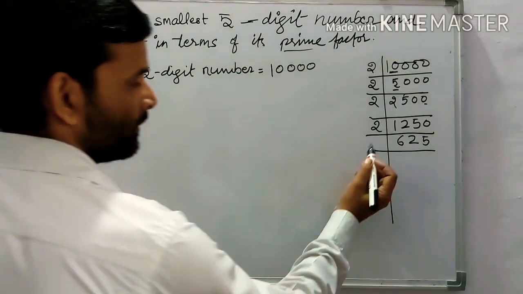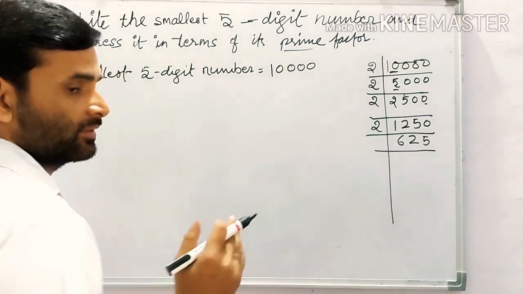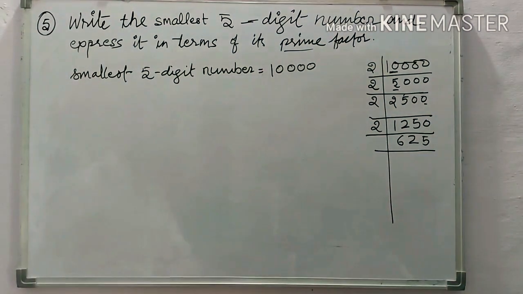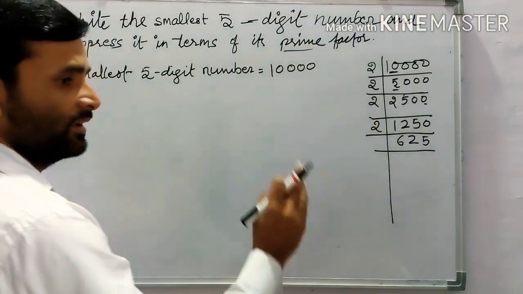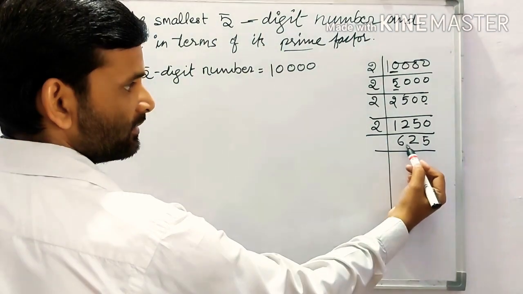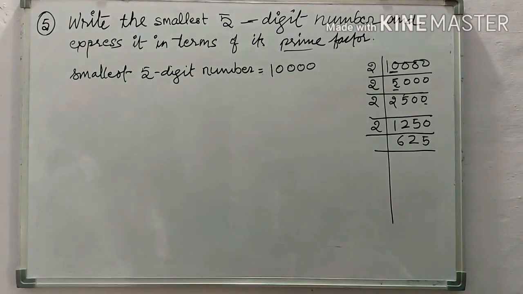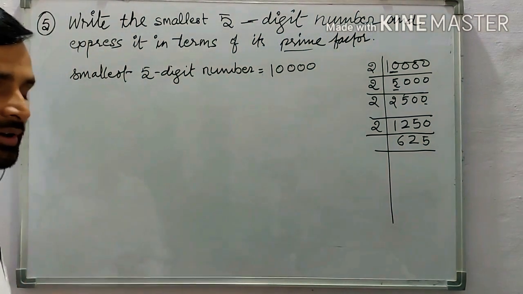Then 3. Suppose the first prime number is 2 and the second prime number is 3. So first you check whether this number is divisible by 3, yes or no. The sum of the digits is 14, and 14 is not divisible by 3.